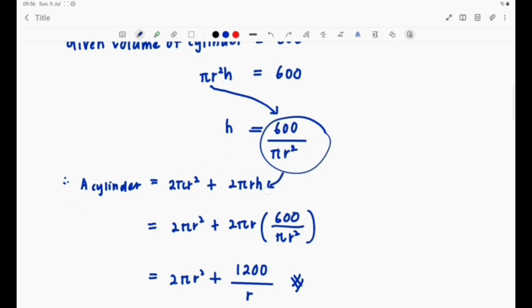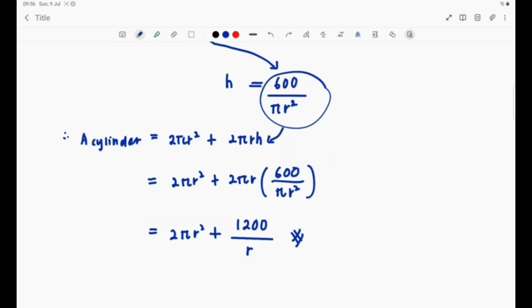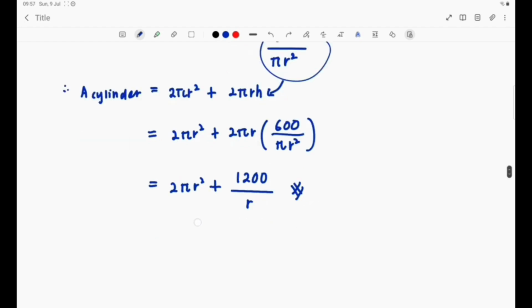The formula for the surface area of the cylinder is 2 pi r squared plus 2 pi r h. So we substitute this value of h in here. It will be 2 pi r squared plus 2 pi r in brackets 600 over pi r squared. The answer will be 2 pi r squared plus 1200 over r.